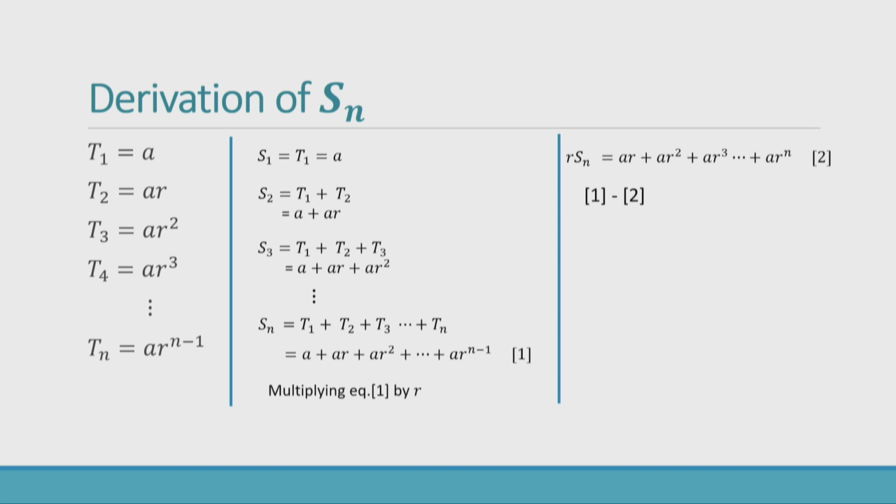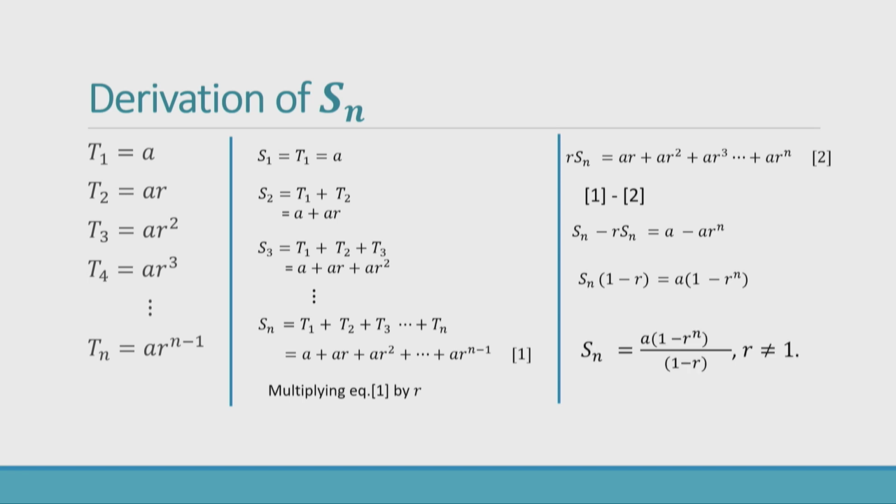Now, equation 1 minus equation 2. So I will have Sn minus R Sn equal to, let us see. We will have equation 1 minus equation 2 and some terms will cancel out. So we will be left with A minus AR power n. Factorizing, I get Sn into 1 minus R equal to A into 1 minus R power n.